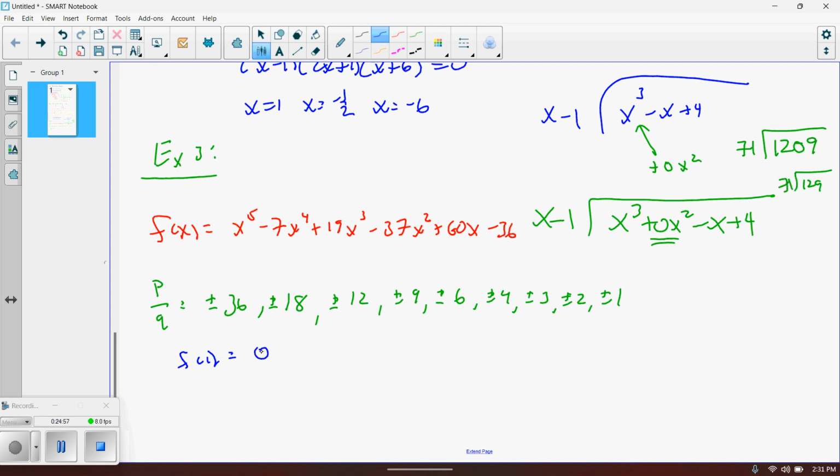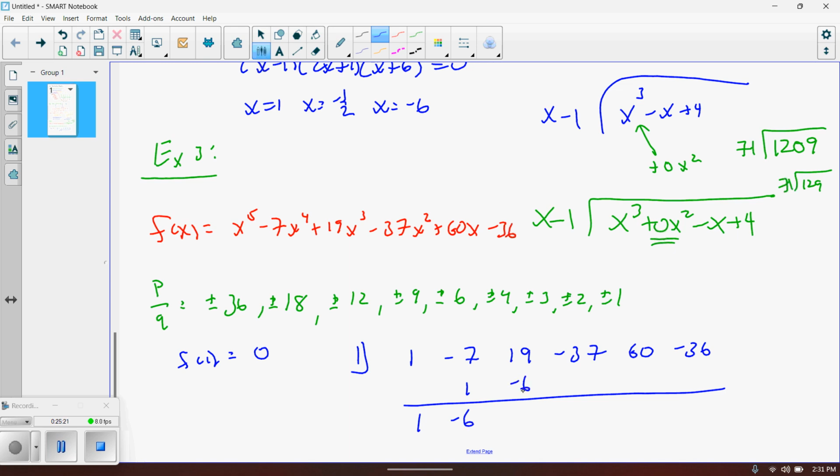Yeah, let's do synthetic. I think it'll probably be the easiest. So 1 goes here. So we got 1, negative 7, 19, negative 37, 60, negative 36. Bring down the first one, multiply it by 1, and put it here. Add. Multiplying by 1, put that there, add.